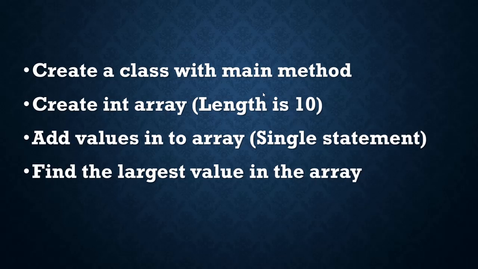Now you know how to create a class and main method. We discussed that in the first video. And you know how to create an integer array. Yes, in this lesson we discussed how to add values, and also how you are going to access values one by one in the array.